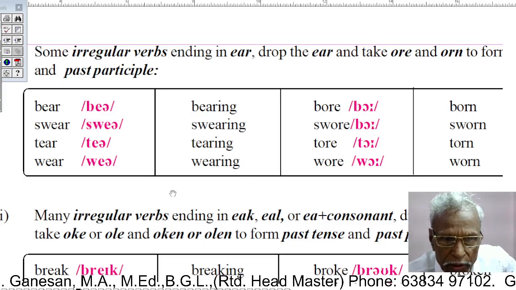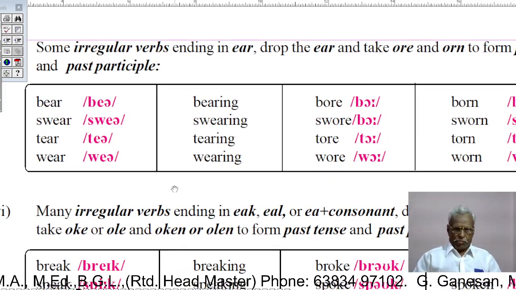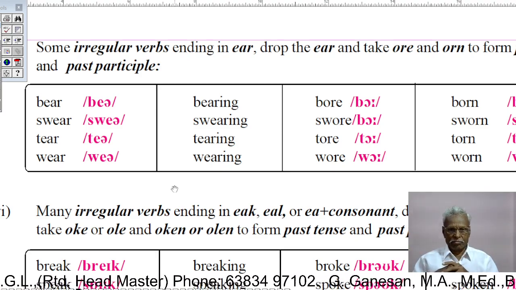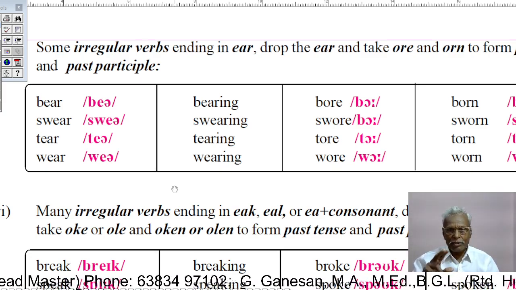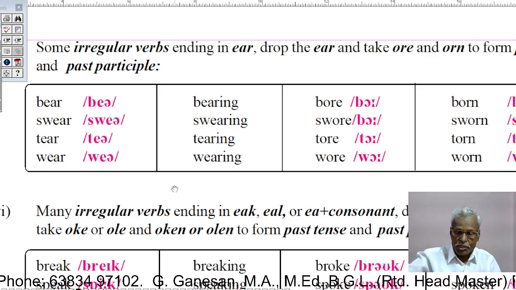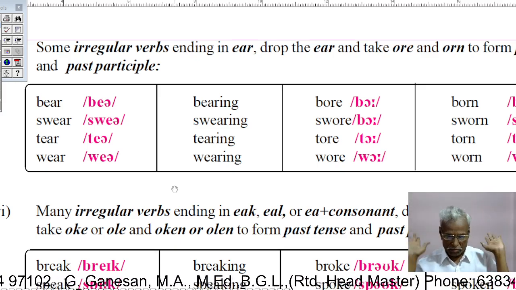And the fifth one, let us see the fifth rule. Some irregular verbs ending in EAR drop the EAR and take ORE to form past tense and ORN to form past participle.